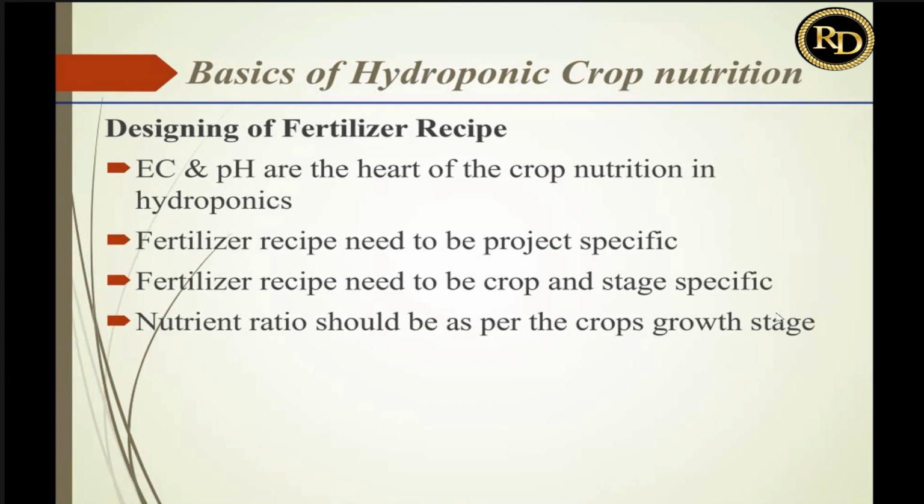Similarly, for the vegetative growth you have a different recipe for that stage, and similarly for the fruiting and harvesting stage. Nutrient ratio should be as per the crop growth stage. As a grower, you only need to play around with the different ratios of all these essential nutrients.